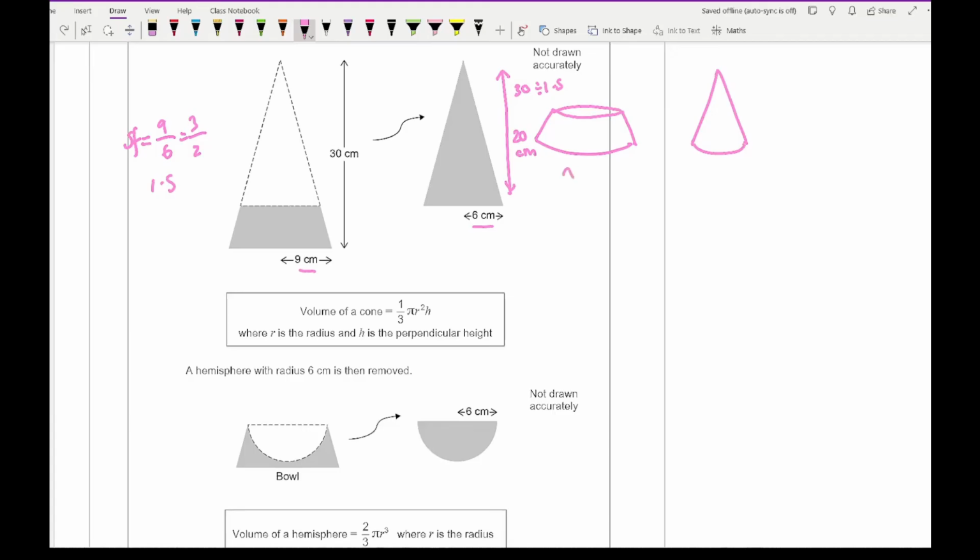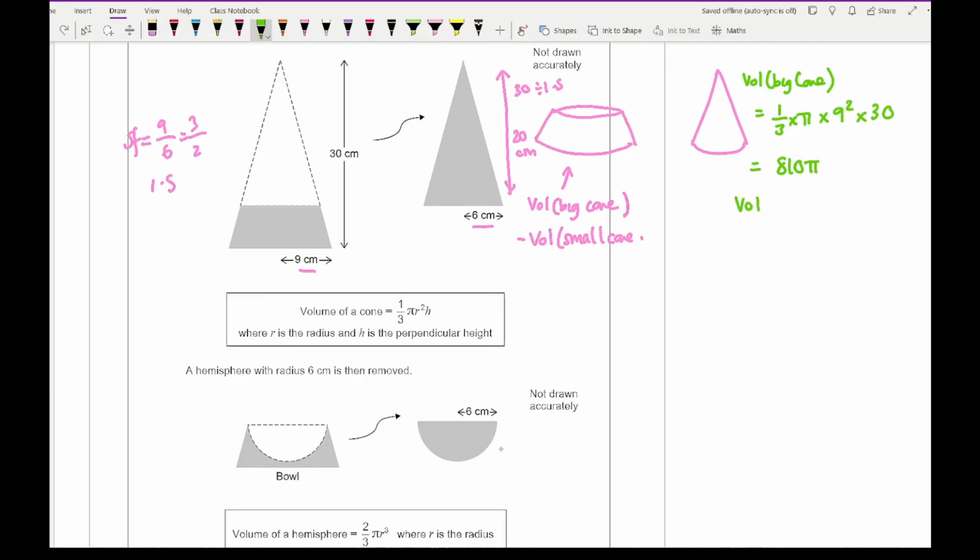Then to work out the volume of this shape here, the frustum, it's going to be the volume of the big cone minus the volume of the small cone. The volume of the big cone is going to be 1/3 times pi times the radius, which is 9, times the height, which is 30. If I simplify all of that, I get 810 pi.